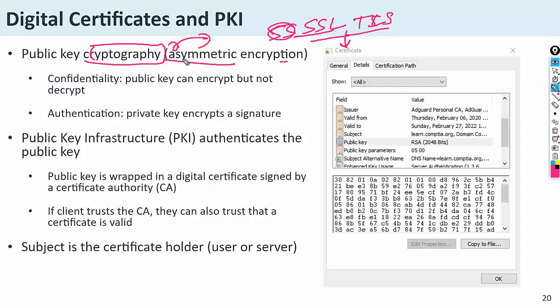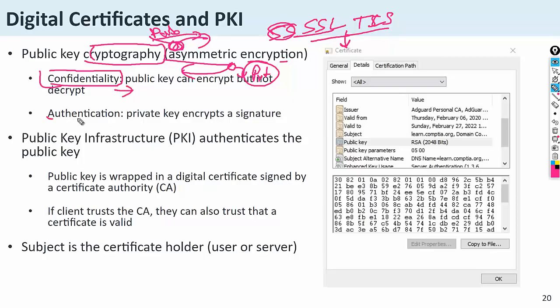In asymmetric encryption, a different key is used for encryption and a different key for decryption. On the client side, this key is known as the public key, and on the server side, it is known as the private key. The public key is used for encryption and the private key is used for decryption, maintaining confidentiality and integrity.